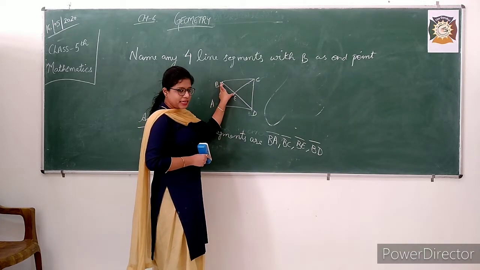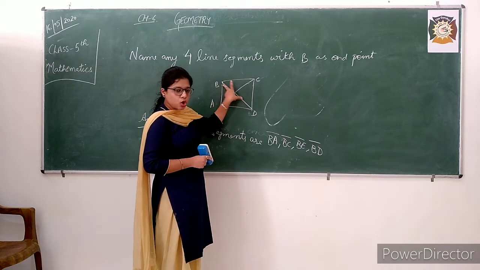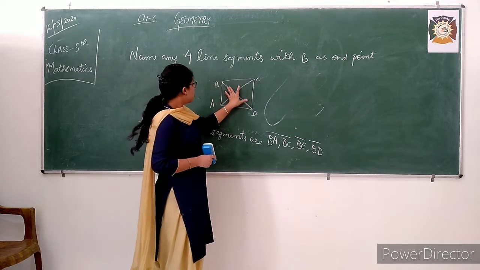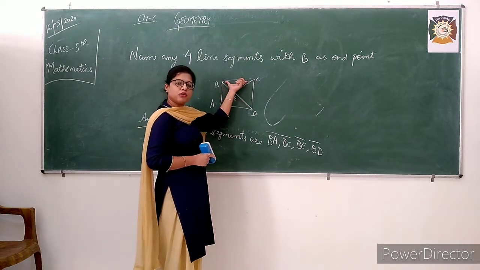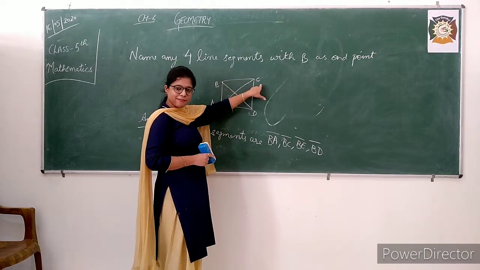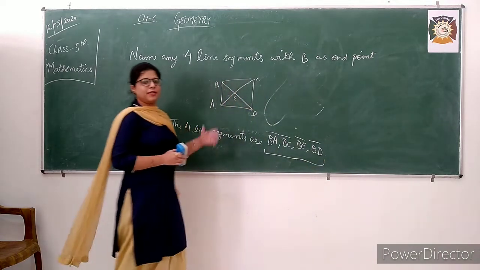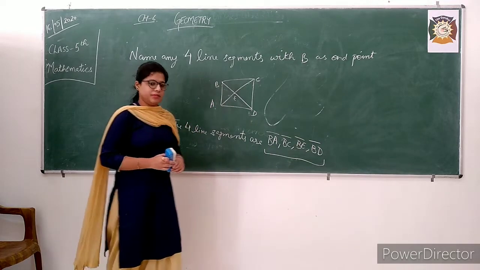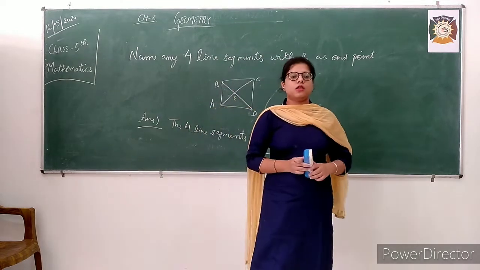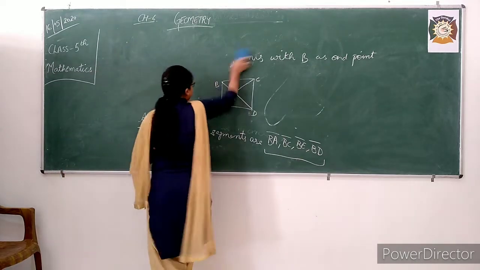The length of BE is fixed as well as the length of BD is also fixed. So these two are the line segments originating from point B. Also BA and BC are having a fixed length due to the presence of end points. Therefore, these 4 are the line segments that you obtain in this figure starting from B. Okay. The next question in the exercise says you are given 3 diagrams and you have to name them as lines or line segments.